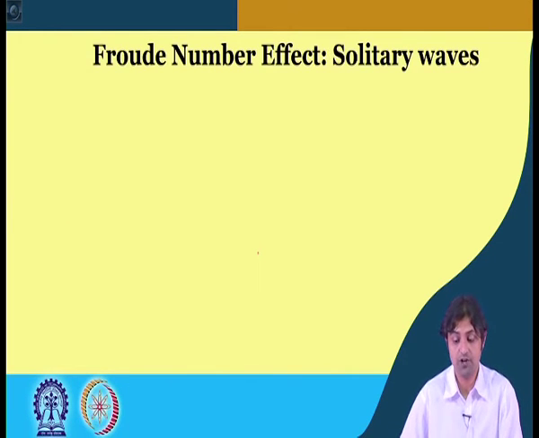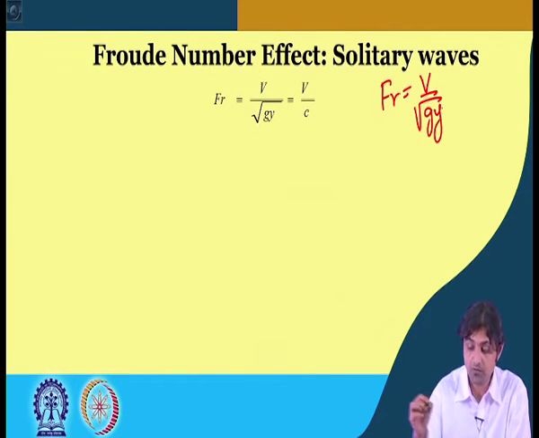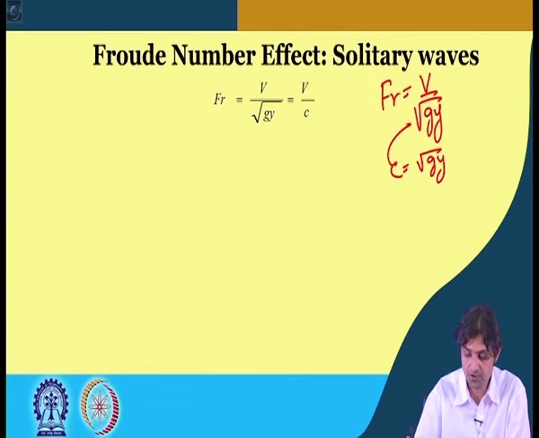So, there is a Froude number effect also in solitary waves. Froude number, as we discussed, is given by v by under root g y. This is the definition. But what have we obtained now using the solitary wave, that speed of the wave is under root g y, and this we substitute here.